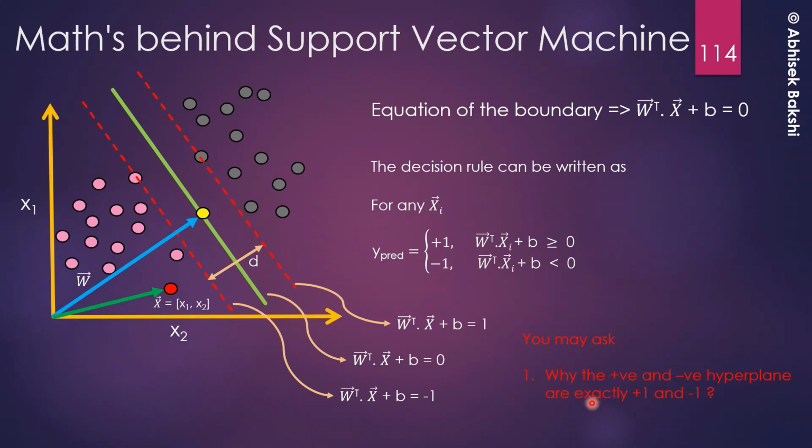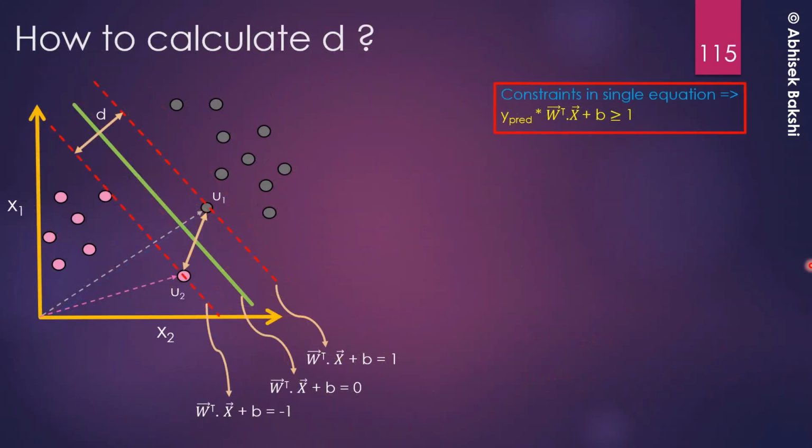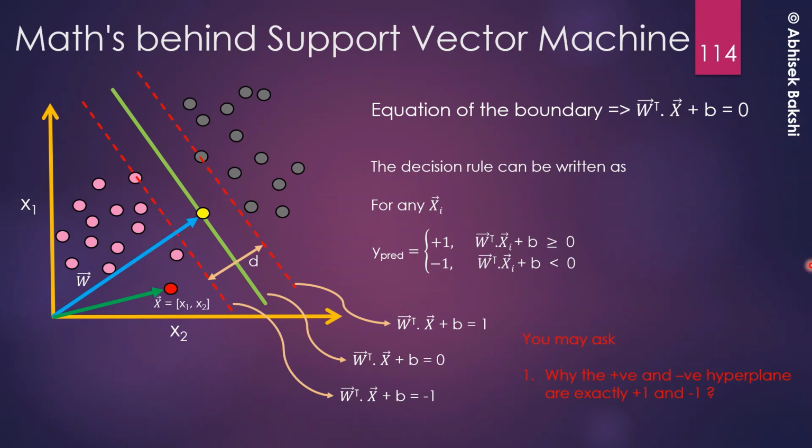We have just discussed this one. Now see, just for the time being, I'm showing you the constraint that I have written here previously: y pred equal to +1 when WTX plus B is greater than or equal to 0, and y pred equal to -1 when WTX plus B is less than 0.